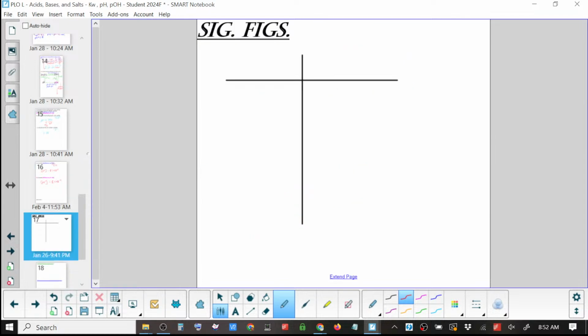Okay. 4 sig figs, to explain why we do it in that particular strange way. If we make this the concentration of H3O plus, make this side the pH.